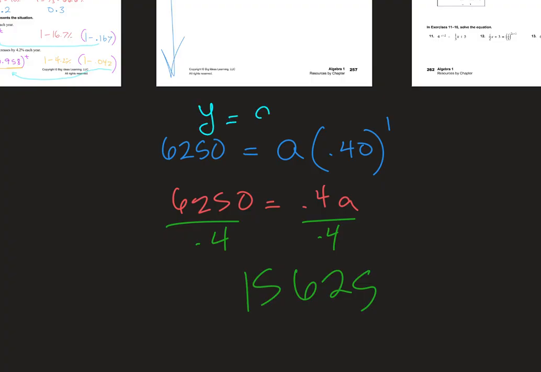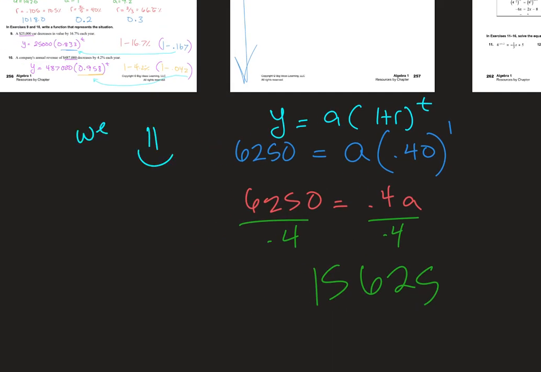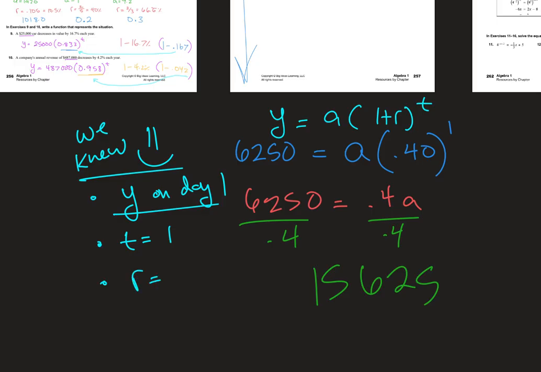Normally you have this, right? And we already knew. So here's the things we knew. We knew y on day 1. That's one thing we knew. We knew t, and we knew that when t was 1, and we know that the rate is actually, hang on. So let's change this. Let's just say that was b, okay? Instead of talking in terms of that.